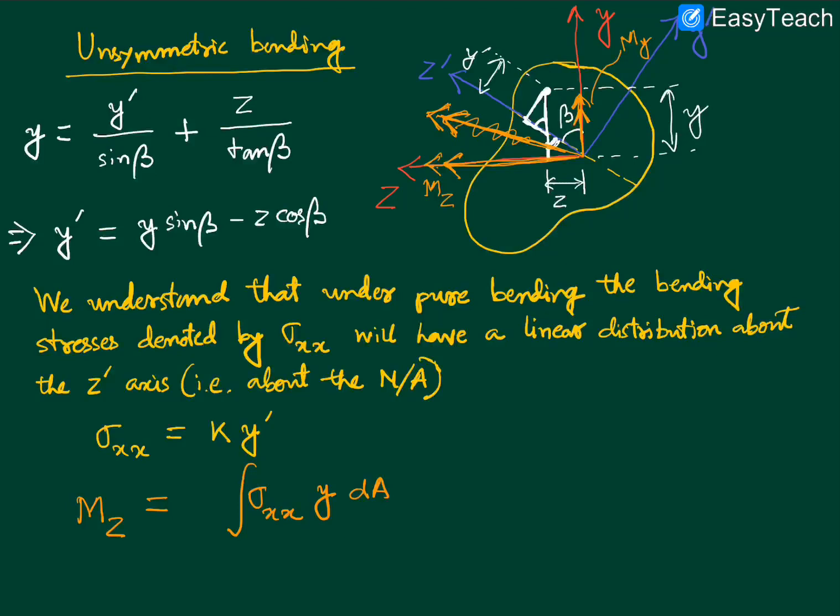That's fine, but I have to be a little bit careful about the sign now. You see, when I'm considering the mz, so this is my mz, and when I'm considering this expression, I understand that the x-axis is pointing out of the plane here. So the orientation of my x-axis is like this.